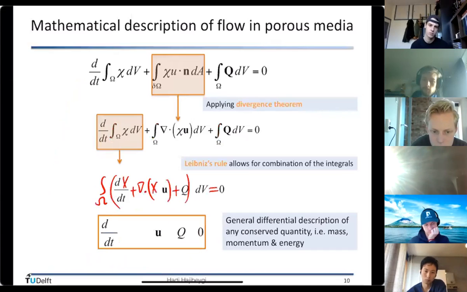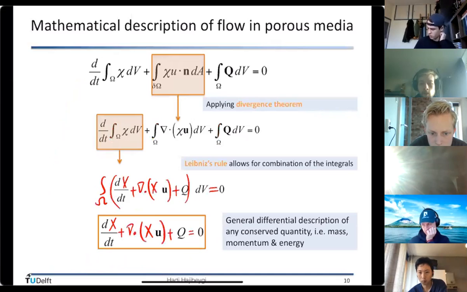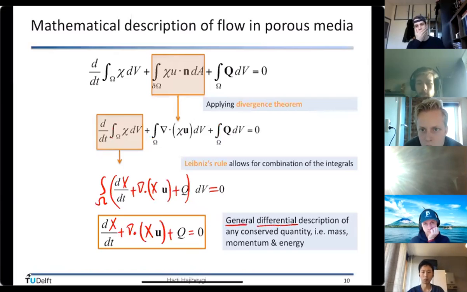That makes it dx/dt plus divergence of xu plus q equals 0. That's exactly what I wrote here. They are the same. And that's the general PDE, the general differential equation describing any conserved quantity x. It can be used for mass, momentum, or energy.